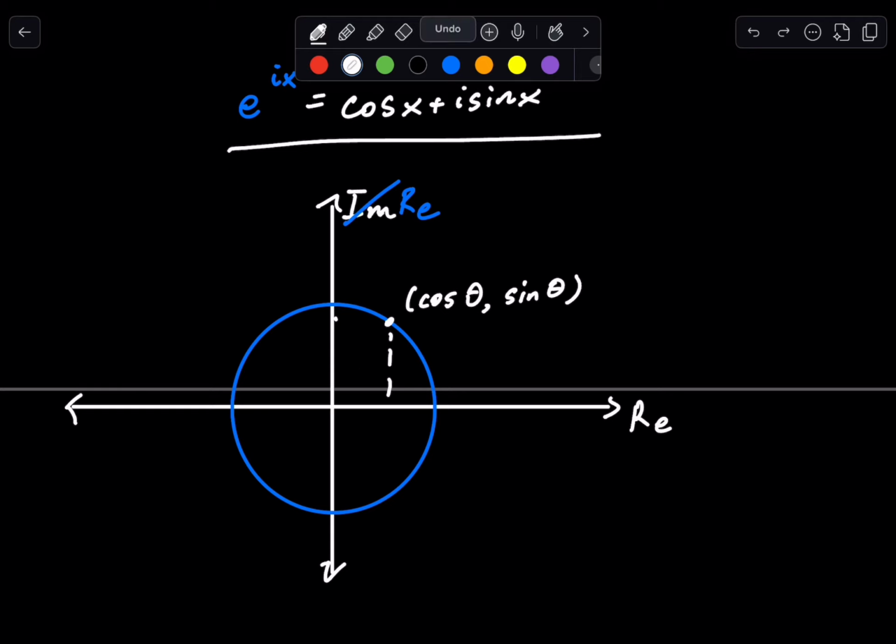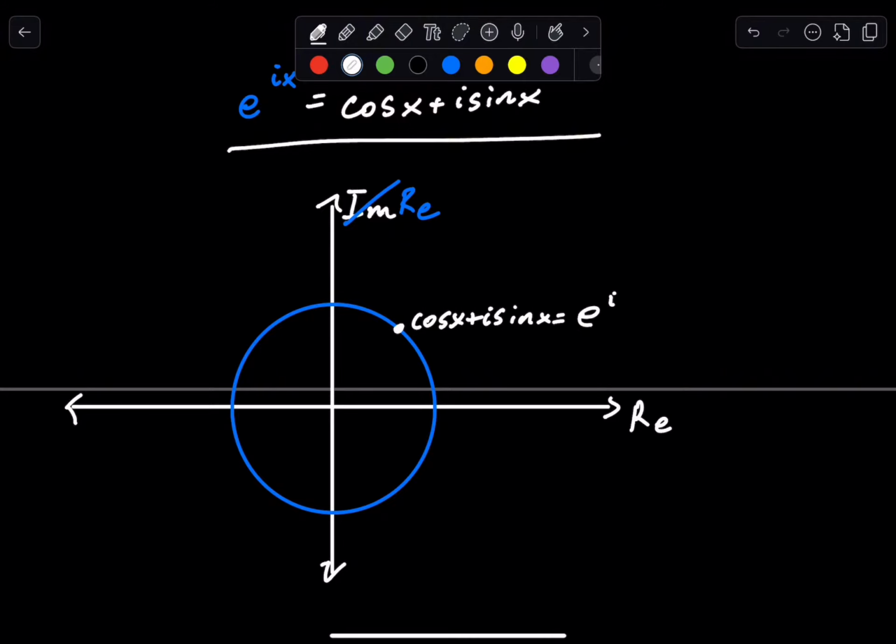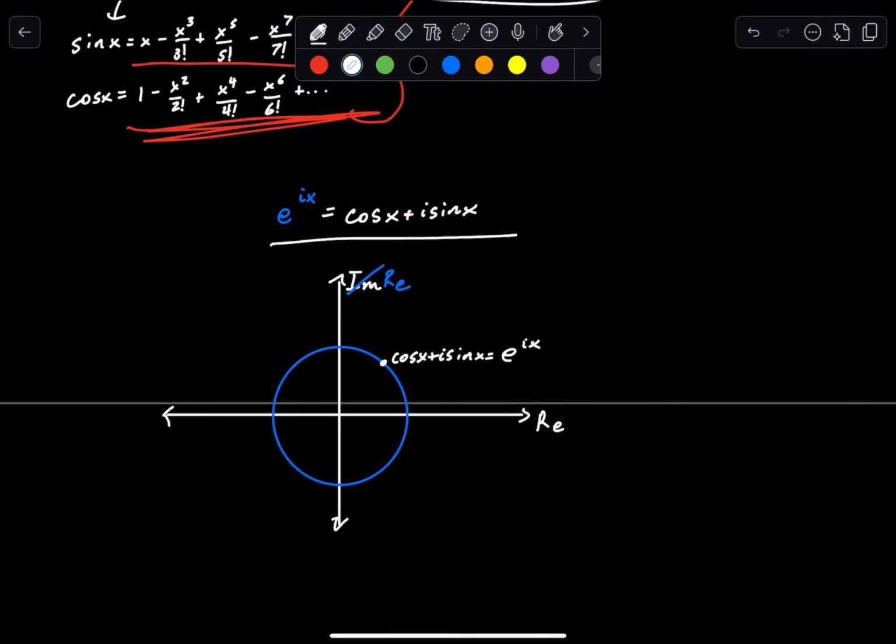So likewise, when we're defining a point on the complex plane, just like this, if I have cosine of x plus i sine of x, any point on the circle can be described by e to the ix, just like that. So it has a lot of physical meaning in that sense too.